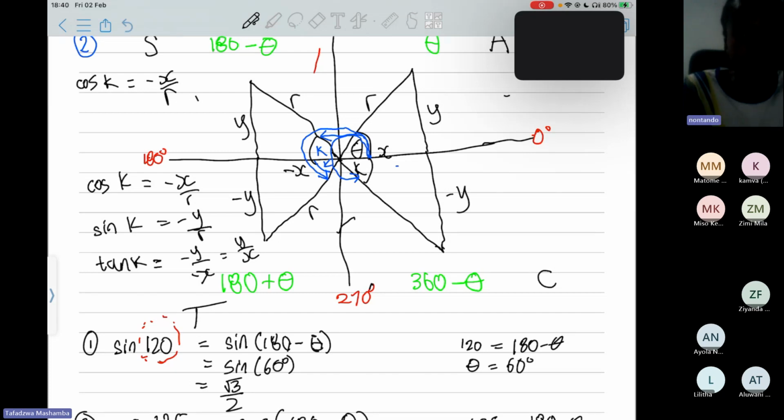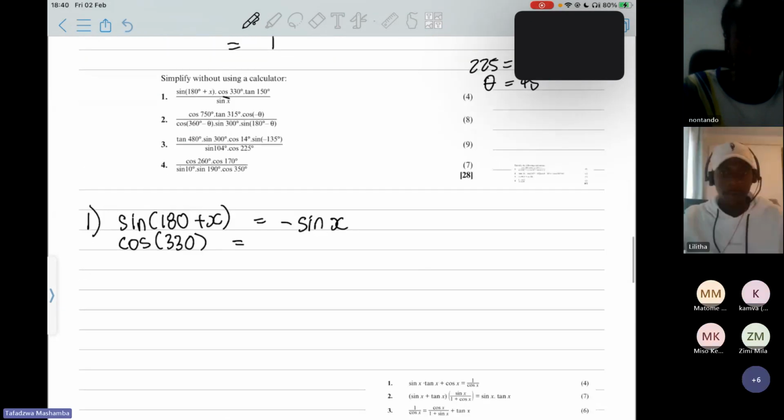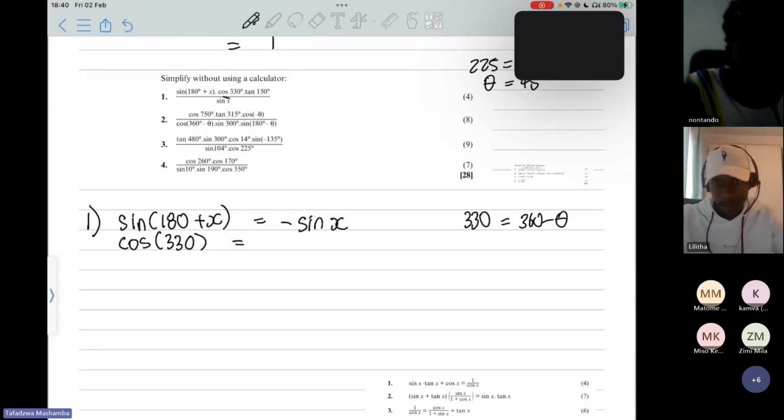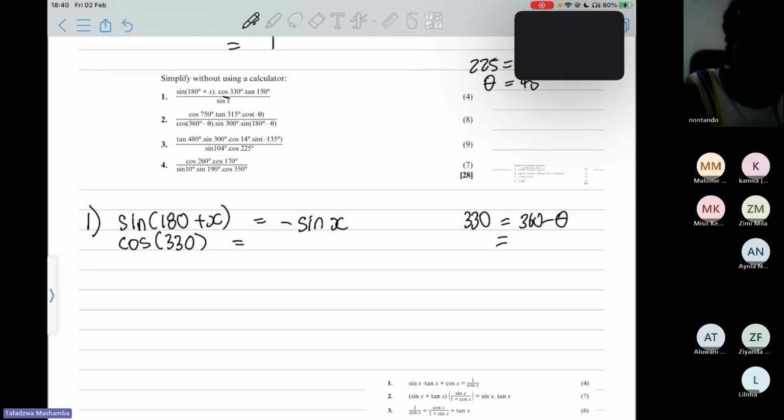We can see that 330 equals 360 minus theta. For now, we're doing it the long way, but with time and practice you'll be able to solve these problems. If you just see a 330, we know that theta is 30 degrees. So here, I would simplify this to cos of 30.